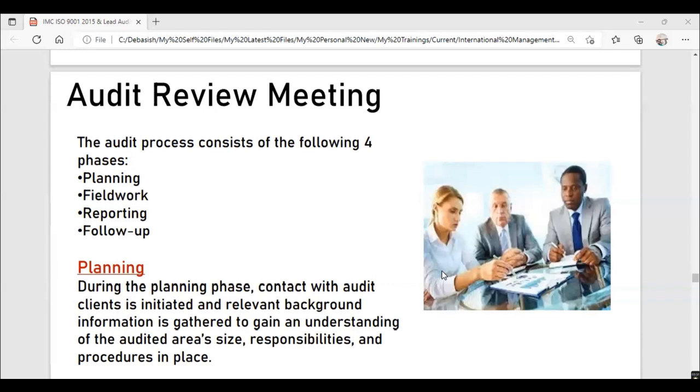During the exit meeting, the auditee has the opportunity to propose changes, and any agreed upon changes are incorporated in the draft report. The auditor also requests that the auditee provides written responses to the recommendations.